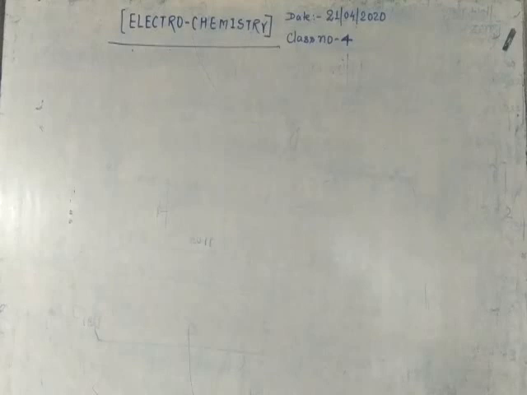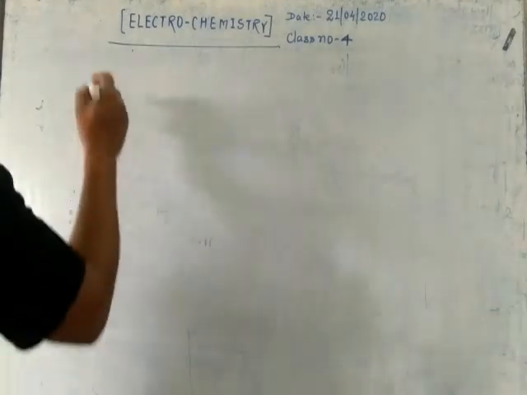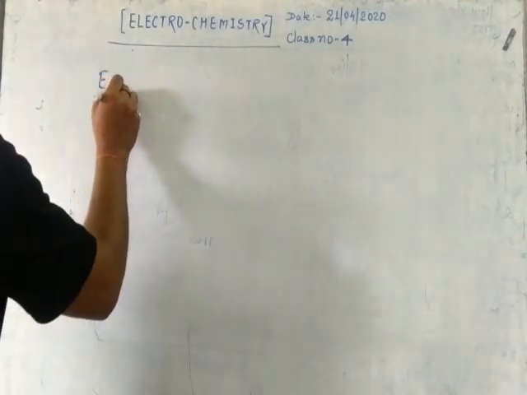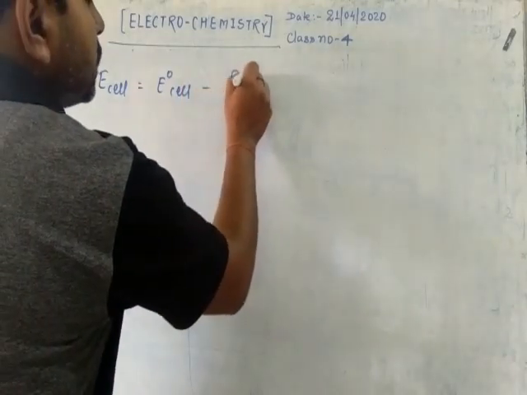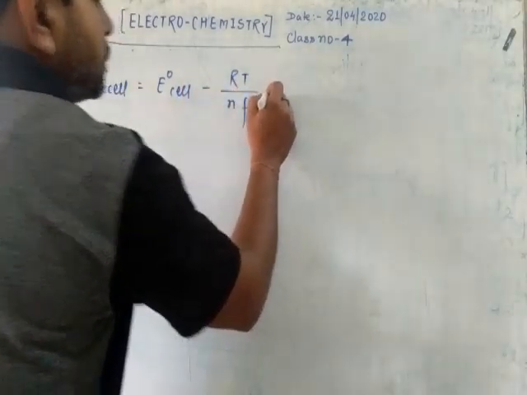In any equation, E cell equals E naught cell minus RT by nF log Qc.